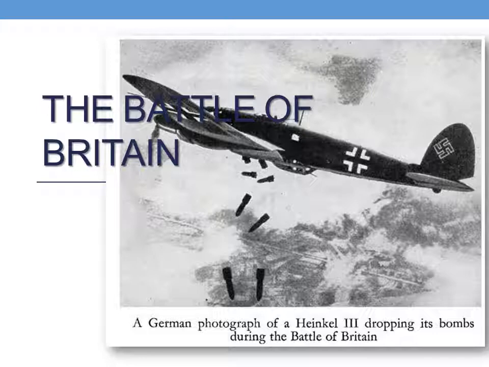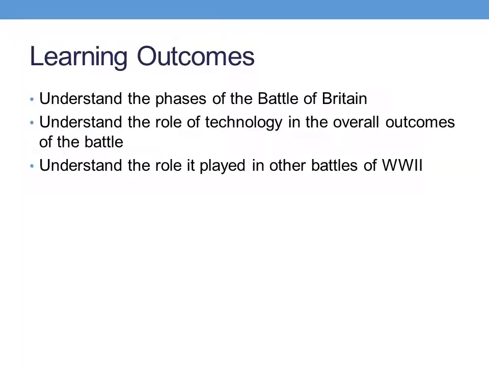So, let's get going. In this video, we will talk about the Battle of Britain and the learning outcomes: to understand the phases of the Battle of Britain, how the tactics changed at different points in this battle, and the role of technology in the overall outcomes of the battle.